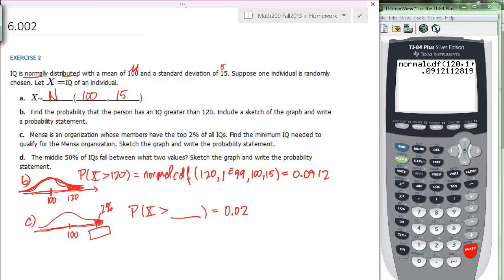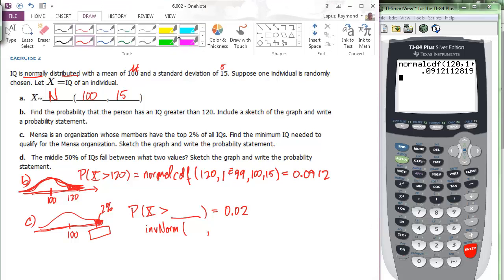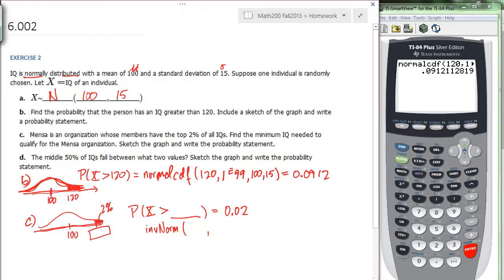Now, for this, we will call on our inverse norm function in our calculator. What the inverse norm asks for is the area to the left. And notice our shaded region here is the area to the right. Our shaded region is 2%. So we just have to take the complement of that, which is 98%.